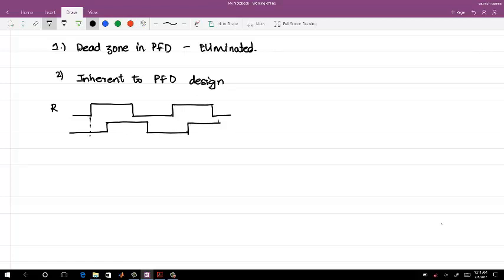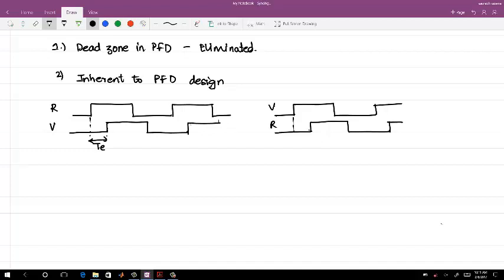I'm considering two cases where the error is TE, and in the other case I just exchange the R and V signals. Here R is the reference and V is the VCO output. So now this is V and this is R, with the same time error.